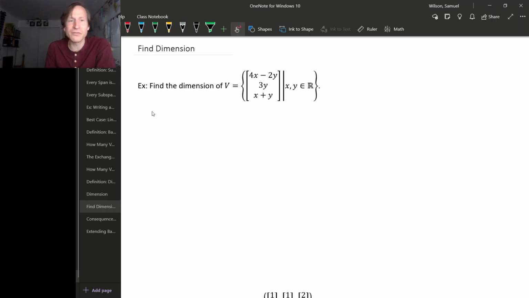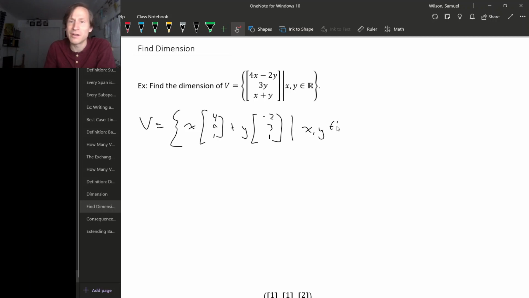So for this particular vector space, we can write V in the form x times (4, 0, 1) plus y times (-2, 3, 1), where x and y are in R. And that means that this is the span of these two vectors, (4, 0, 1) and (-2, 3, 1).